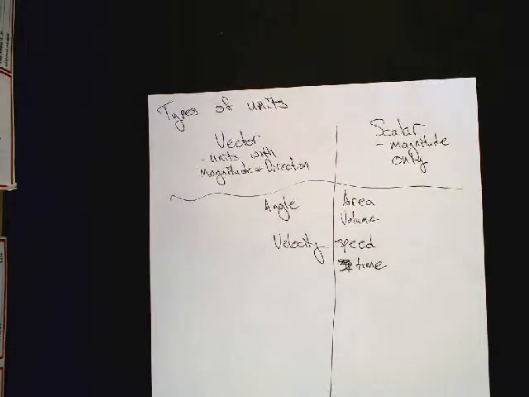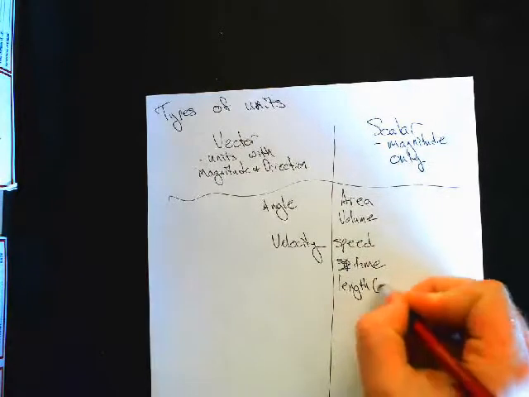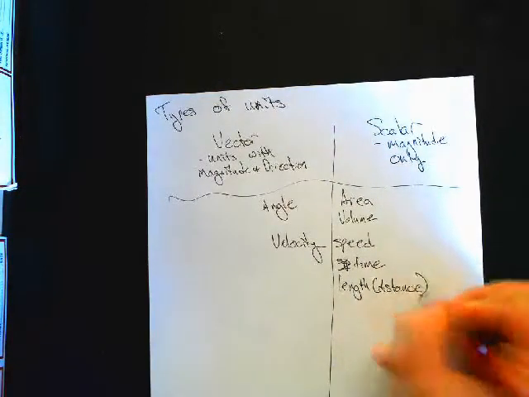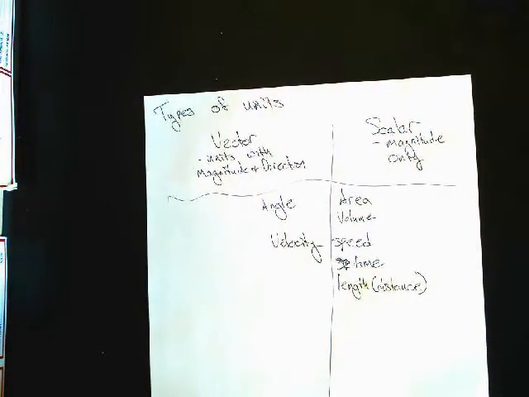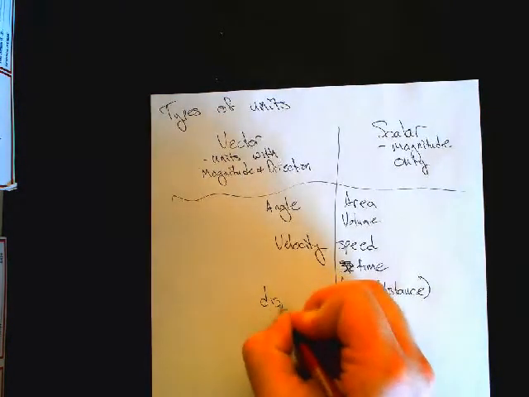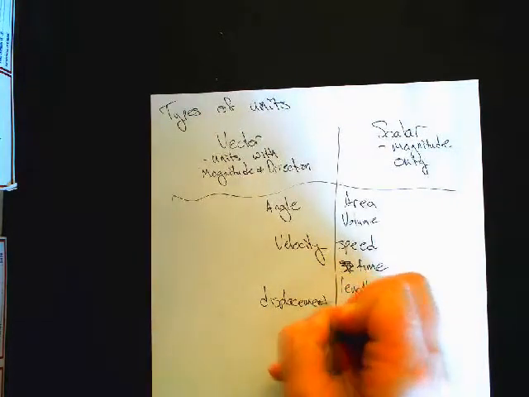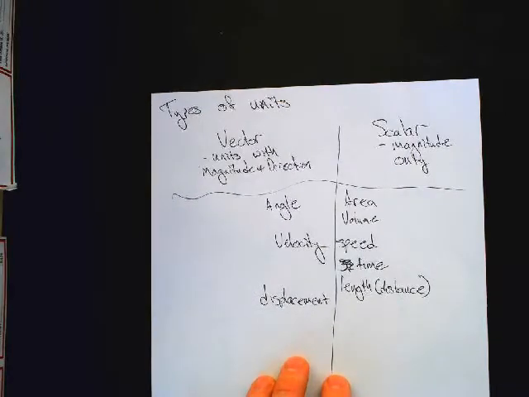All right, what else? Length. Distance. And what would be the vector version of distance? You're not wrong. How about displacement? What else can we put on our list?